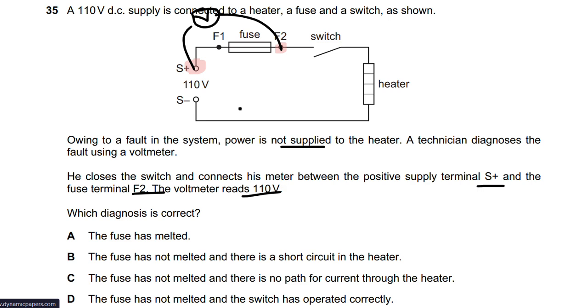So before looking at the answers, we can dig into a bit of theory. If this point is showing 110 volts, when does a voltmeter show a reading? A voltmeter shows a reading when there's a potential difference. That means that there is a drop, there is a compilation of charges, right? If your current can actually easily flow, there is no resistance, there is no reason that the voltage will drop, right?